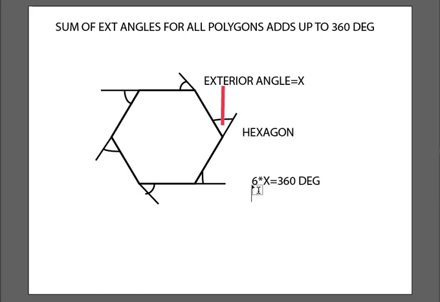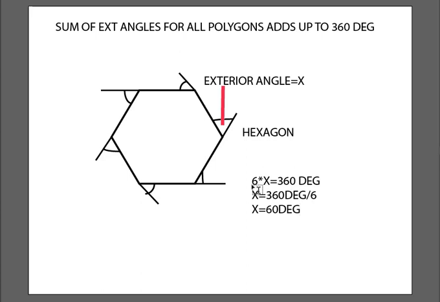Now we can make x the subject of the formula such that x is equal to 360 degrees divided by 6. Therefore x is equal to 60 degrees.